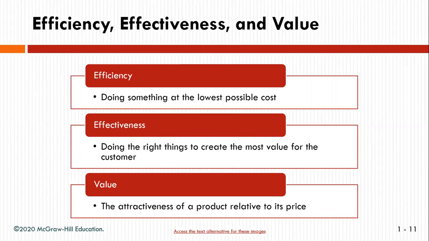And then value is basically what we pay dollars for the value perceived, so the attractiveness of a product relative to its price. Sometimes if you're looking for something and cannot find it, and you find it somewhere a little bit more expensive, you will take it because you value it so much. So these are three different things you need to take into consideration: how efficient you have to be, how effective, and what's the value of it.